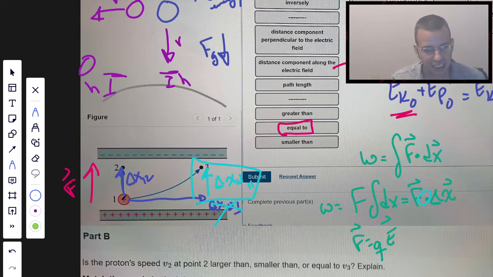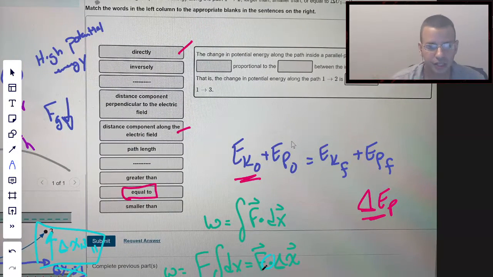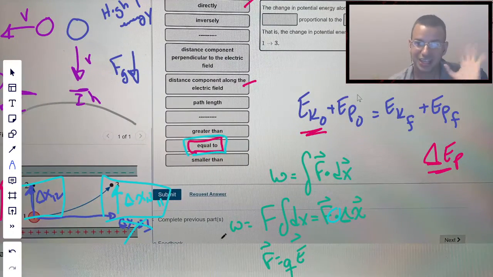And here you can see that the vector delta x that's parallel to the force is the same. Long story short, the change in energy for both of these is equal. I know it's a lot of explanation for a relatively short problem, but the concept here is important. The better you understand this now, the easier future problems are going to be.